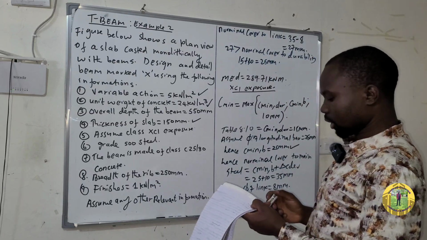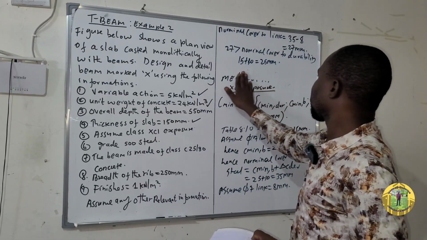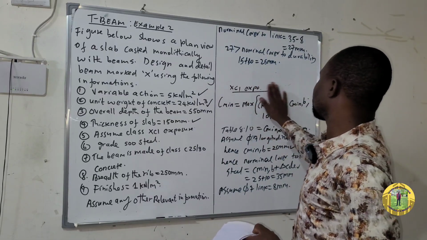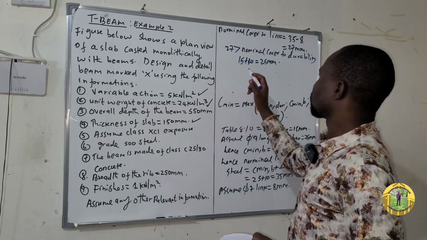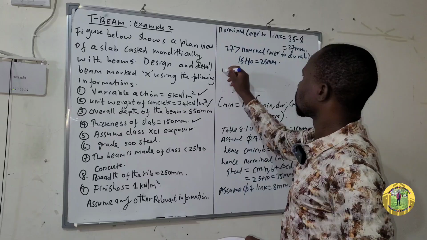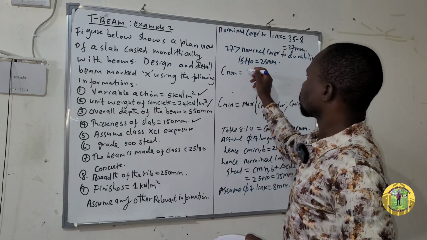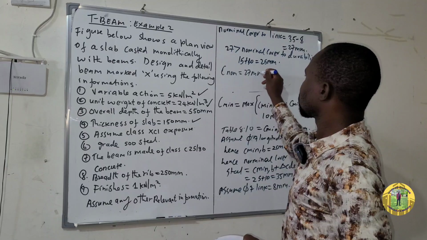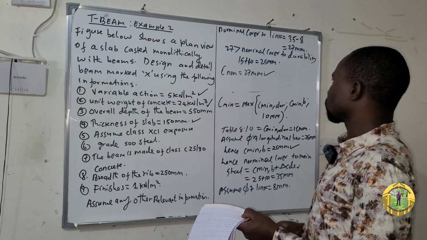So we'll adopt 27. Therefore, our cover is equal to 27 millimeters. So we are going to use this 27 millimeters in our calculation.